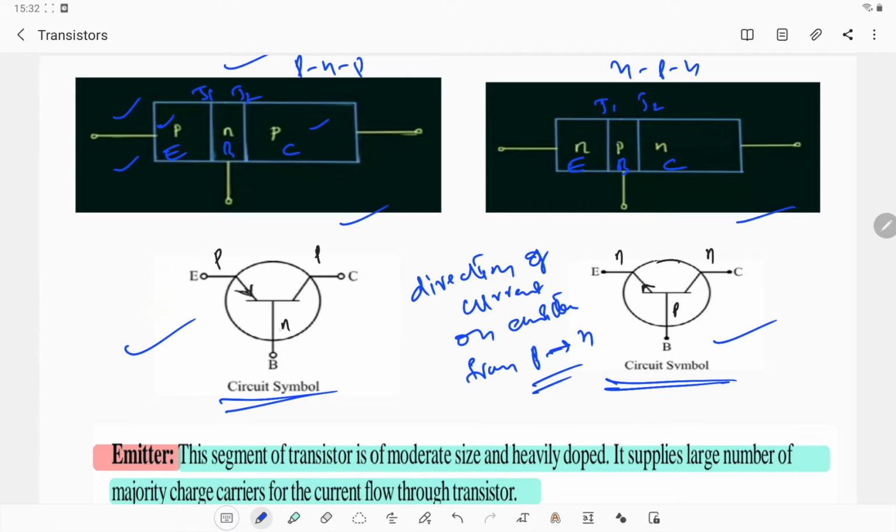See here, P to N. Here the current direction is from emitter to base. Here also P to N, base to emitter. If the current direction is emitter to base, that is a PNP transistor. If the current direction is from base to emitter, this is an NPN transistor.